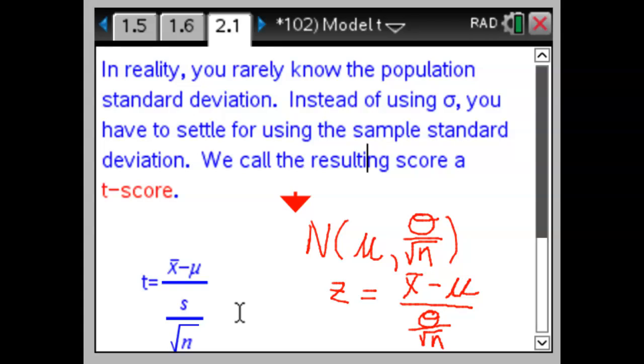We are going to be using a t-distribution now because we usually don't actually know the population standard deviation. So this is what we use, and we calculate a t-score. You're going to see it's pretty much the same, but it uses this S. S is for the standard deviation of the sample, which we should know because we collected the sample.